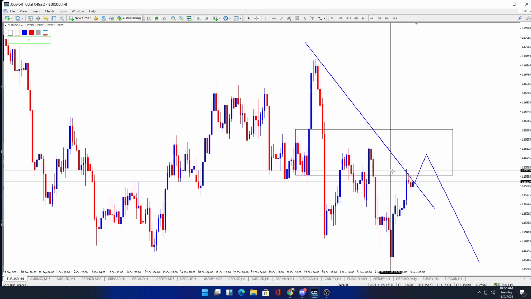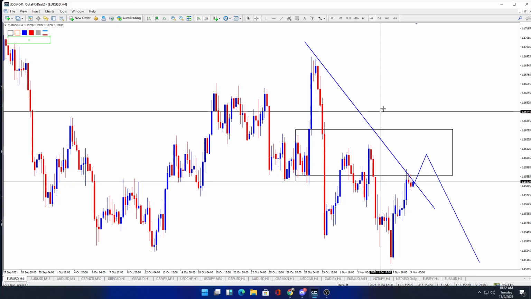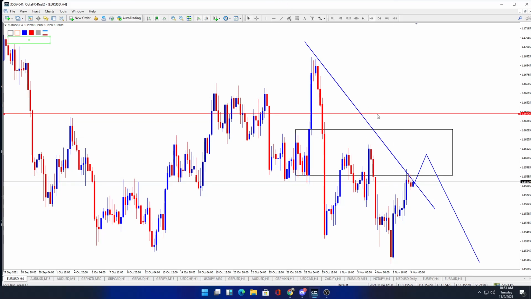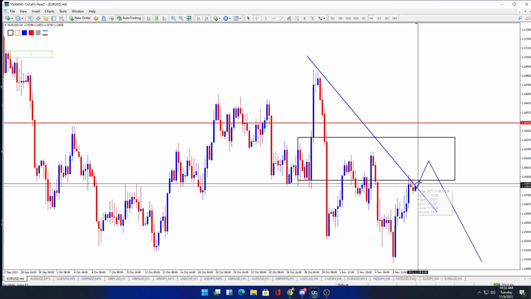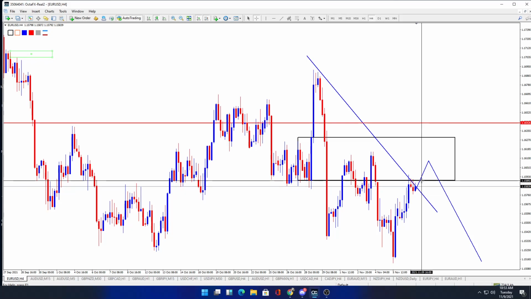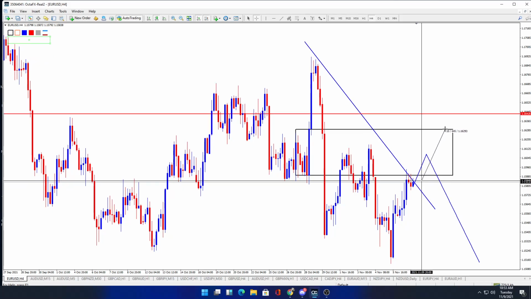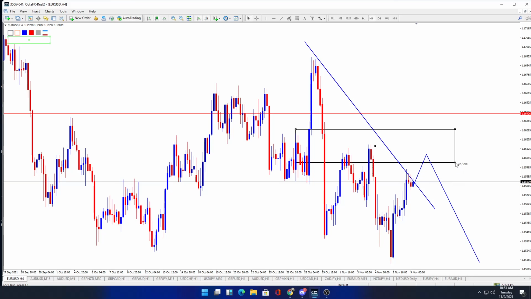Okay, the risk area, I will put this line 15 pips from the safe zone area, safe zone box. So the safe zone box itself is around 44. Sorry, it's not here, my mistake, it is here.